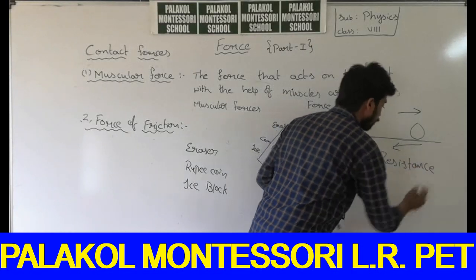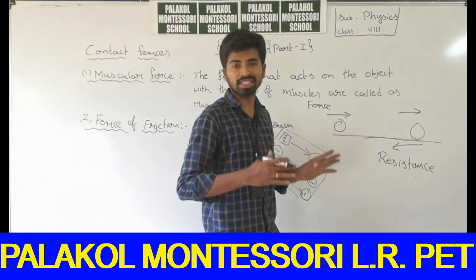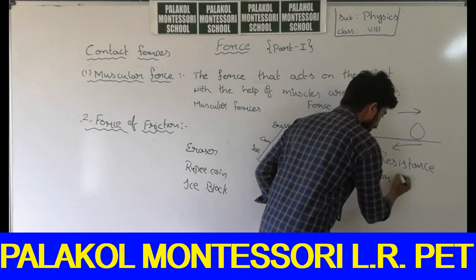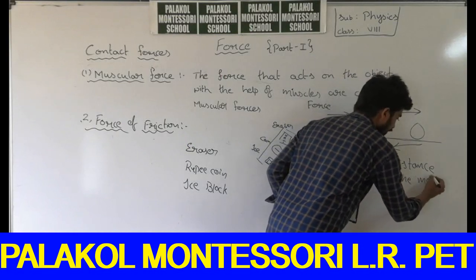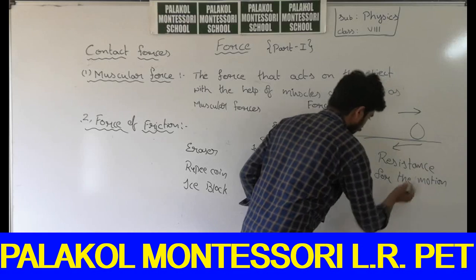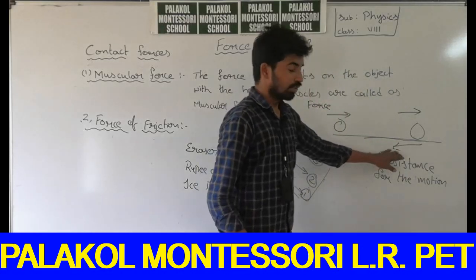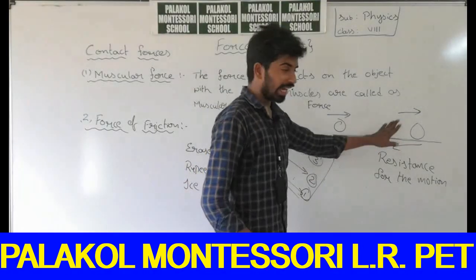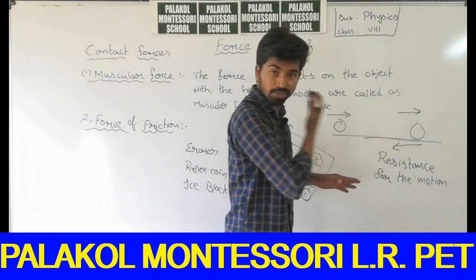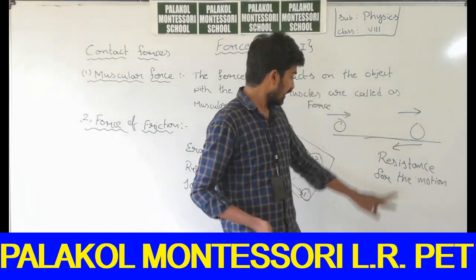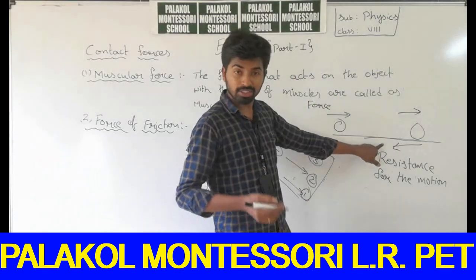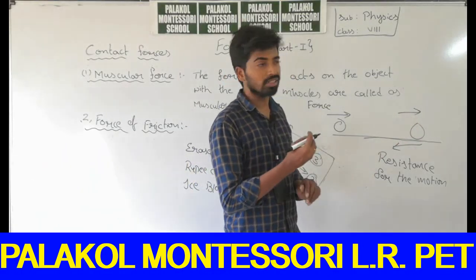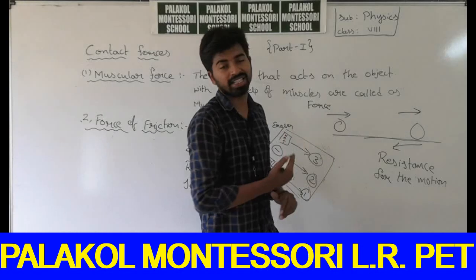Resistance means opposing, resistance for the motion of the body. So, what was happening here? The ball is moving and some opposing force is offered by the road surface, in the direction opposite to its motion.